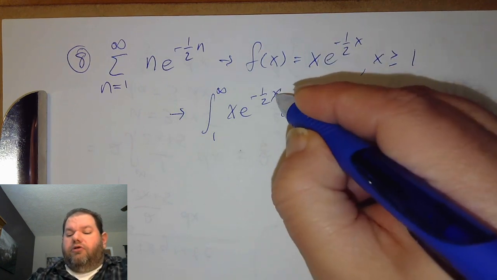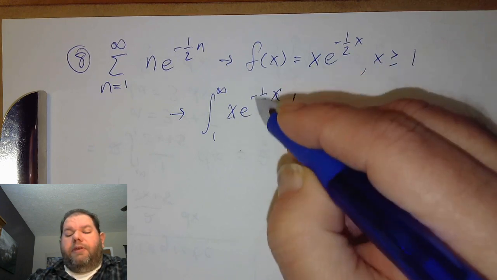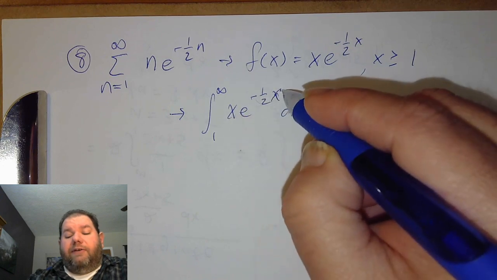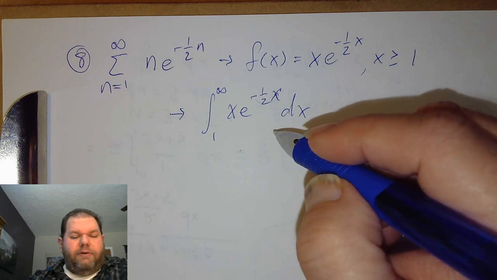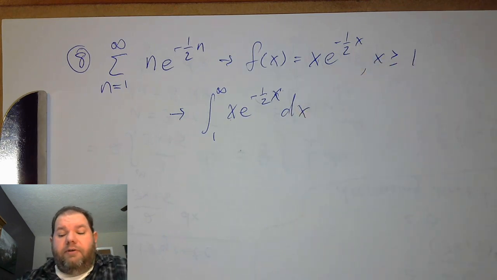However, normally we would substitute for whatever's in the exponent here, but that only works if the derivative is here, and x has a derivative of 1, not x, so we can't really use the substitution. The alternative is, because we have two different types of terms multiplied together, we can use integration by parts instead.